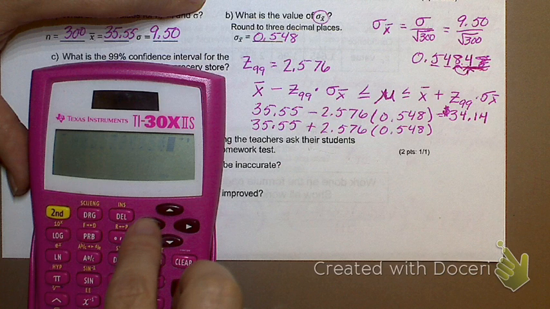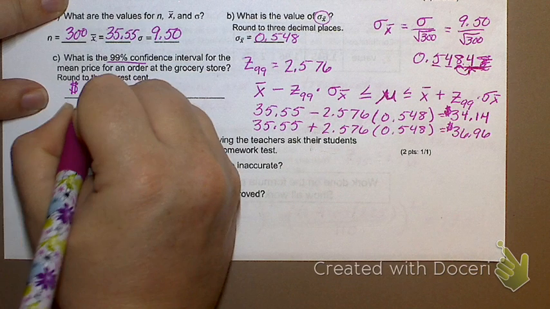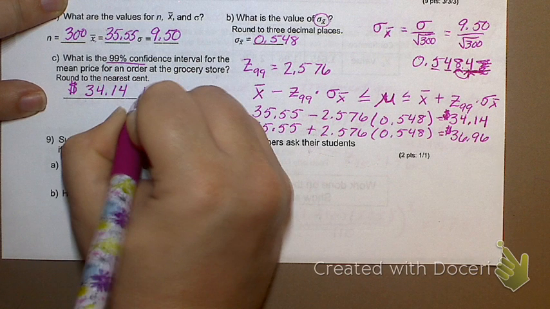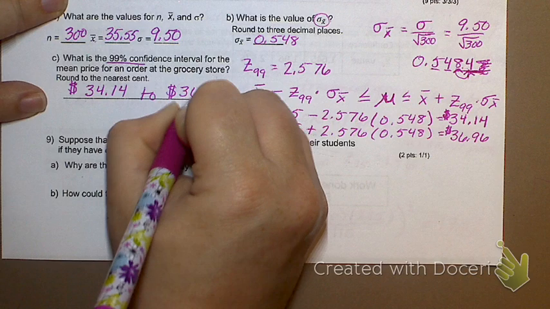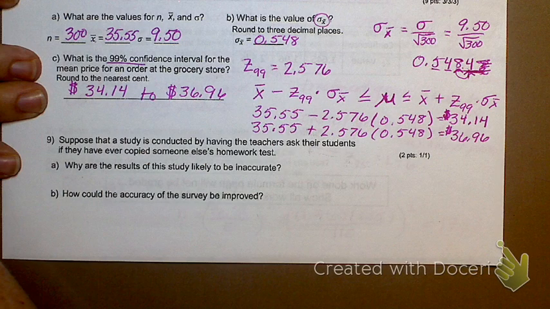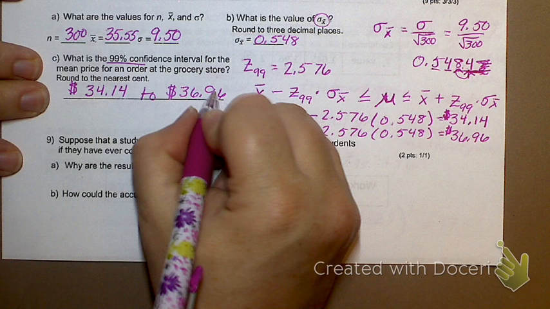That would be what? $36.96. So I have $34.14 to $36.96. Okay? That's a hefty problem. That's a 9-point problem. 3 points for part A, 3 points for part B, 3 points for part C.